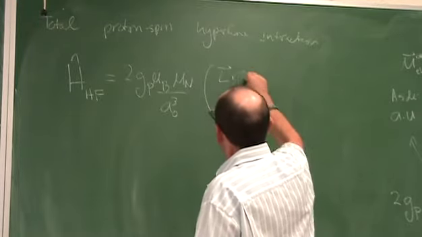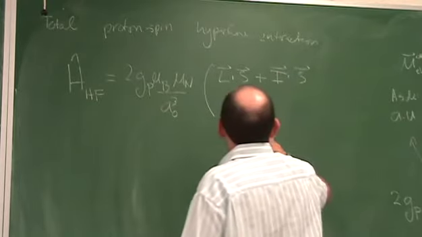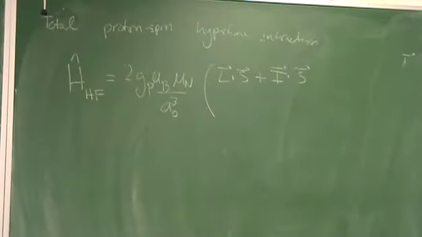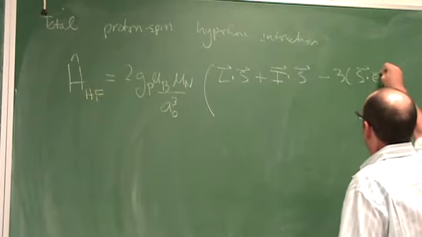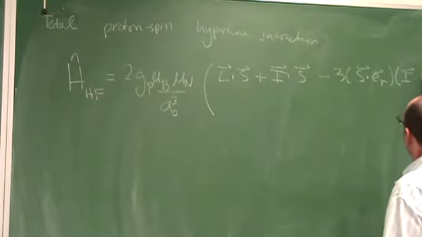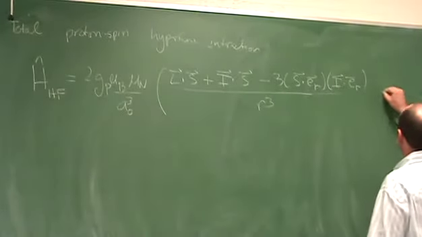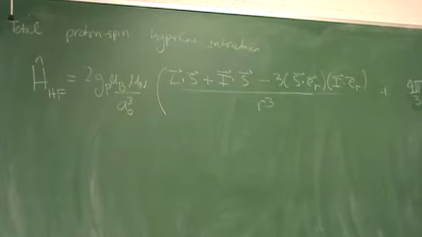This becomes L dot S plus I dot S minus 3 S dot E sub R, I dot E sub R, over R cubed, plus 4 pi over 3 I dot S times the delta function at the origin.